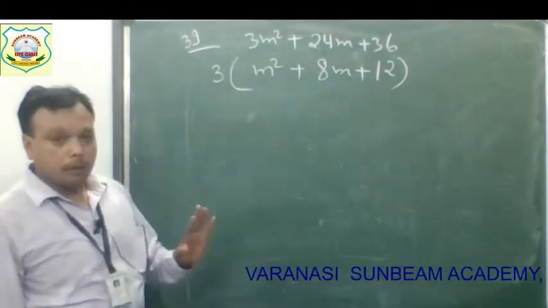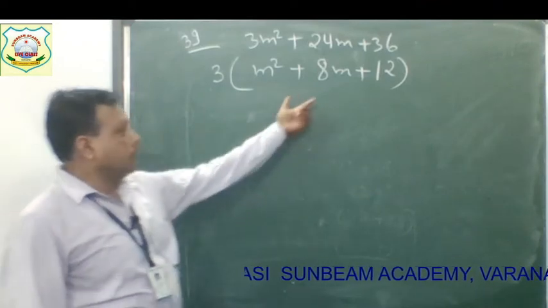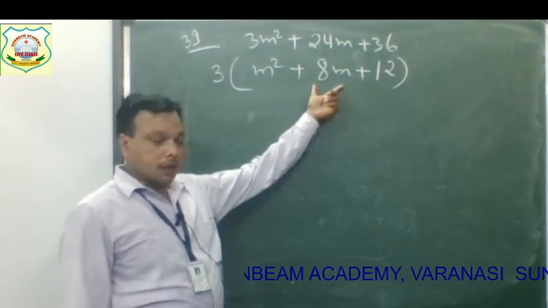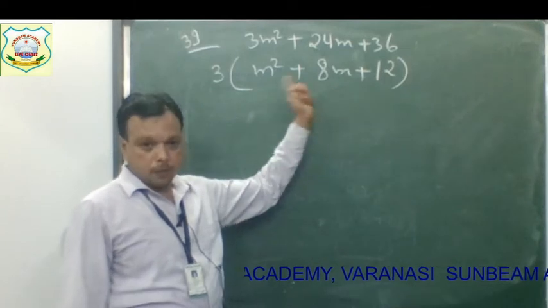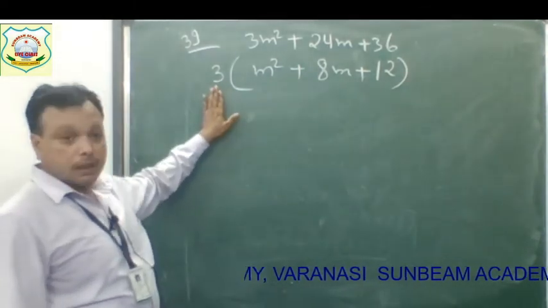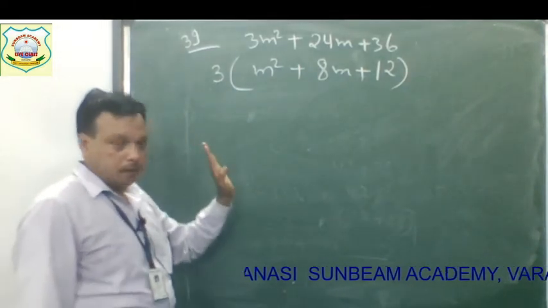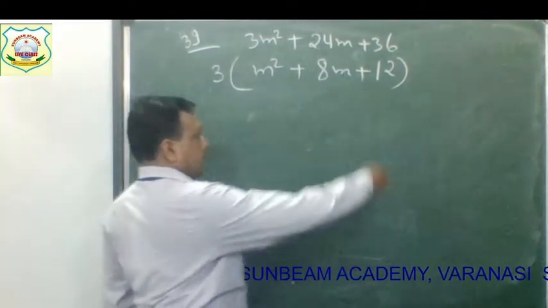Now we will factorize by the middle term split method. Only this expression we will do. We will not touch the 3, it is always outside. Clear. So 8m and 12.